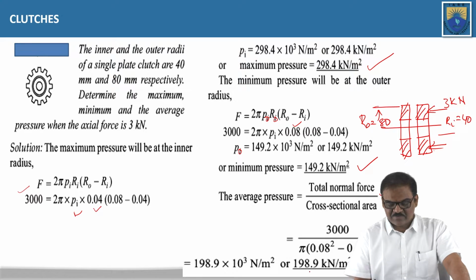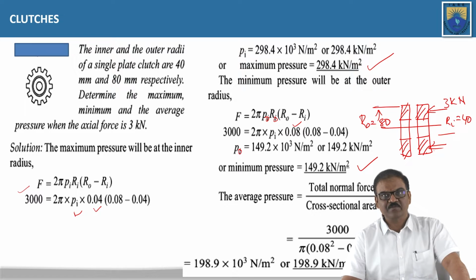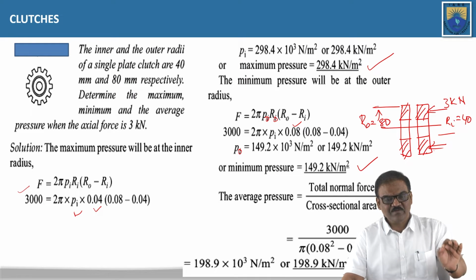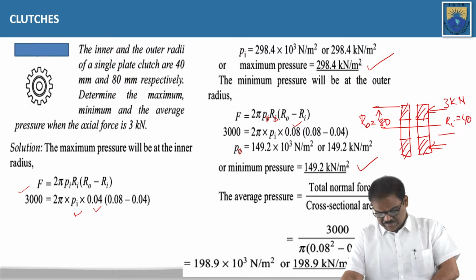So the average pressure is 3000 by the cross-sectional area, pi into (outer radius squared minus inner radius squared). Therefore, the point I am trying to drive home is now clearer, based on both uniform wear theory and uniform pressure theory.